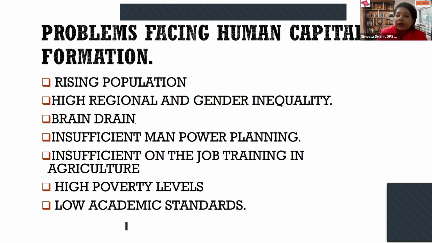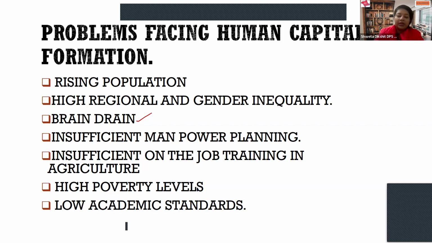The next challenge is brain drain. This is nothing new. It has been very old and has always been a matter of discussion. You know this very well. The term is not new to you. Brain drain means the migration of skilled brains from our country to other economies. When they start serving the interest of the other economy, it's called brain drain.